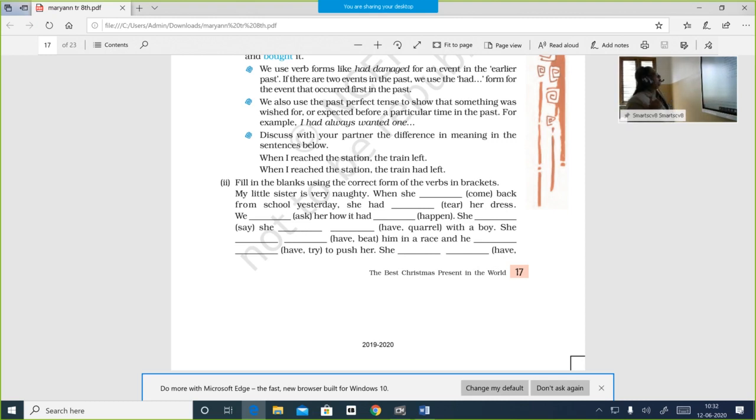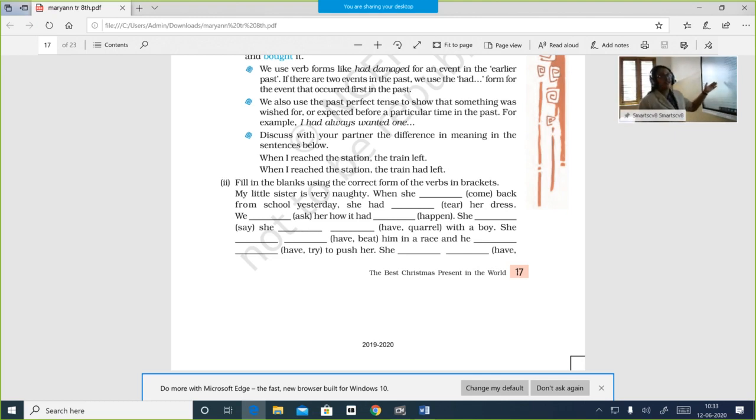We asked her, simple past tense, because it happened after the happening. See, we asked her how it had happened. The happening happened before we asked her. So, we asked, past tense, how it had happened. She said. She said is simple past tense.